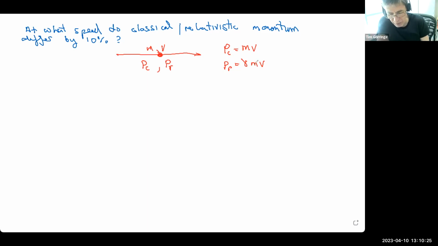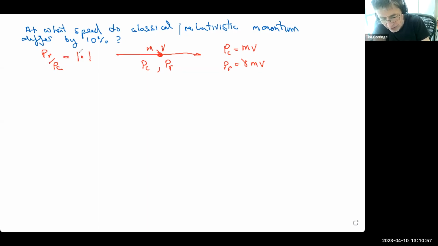Now, in this particular problem, we're told that the relativistic momentum and classical momentum are different. If you remember that the Lorentz factor is 1 or bigger, it must be that they're different because the relativistic momentum is larger than the classical momentum. And so it must be that PR divided by PC, the ratio of the relativistic to classical momentum, is 1.1.